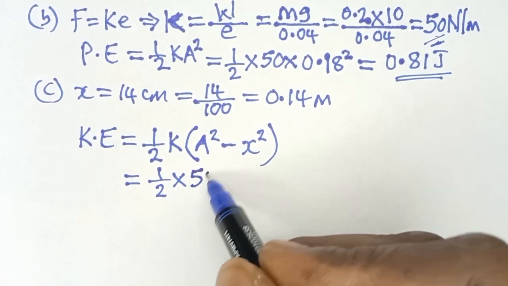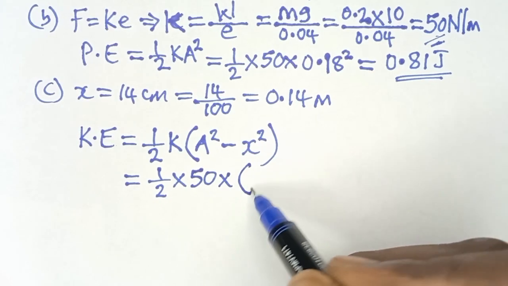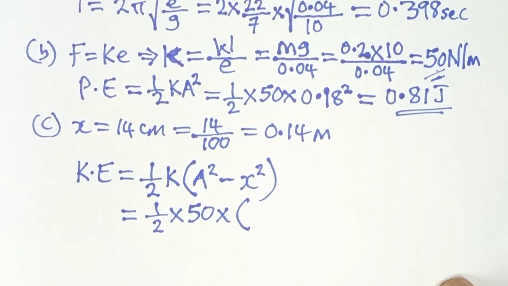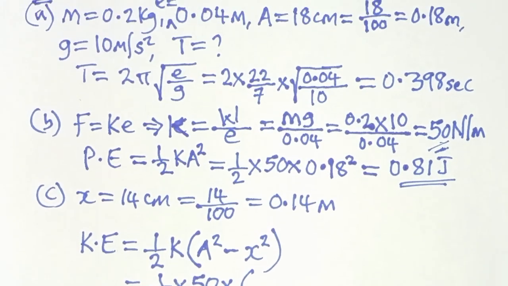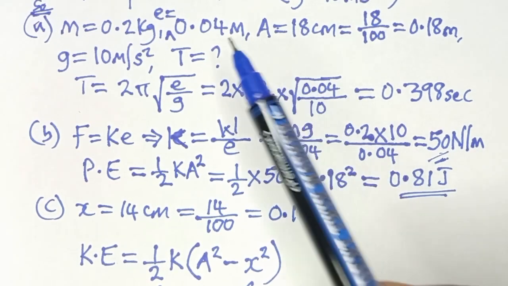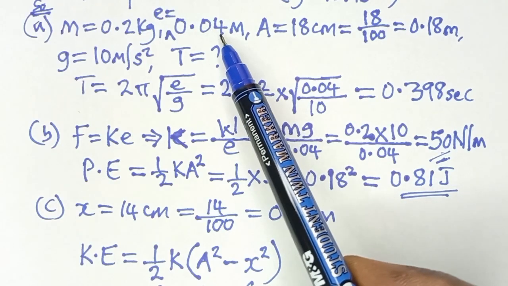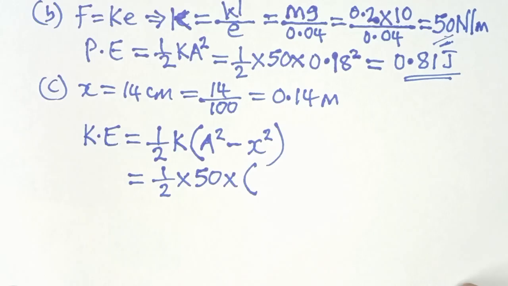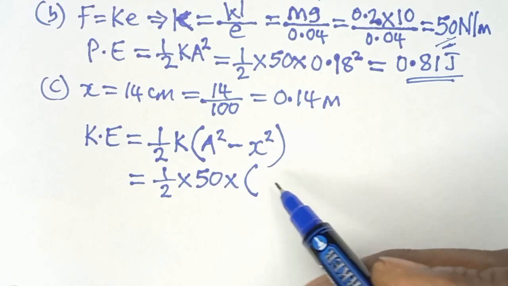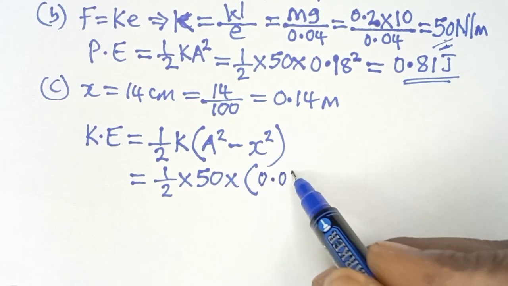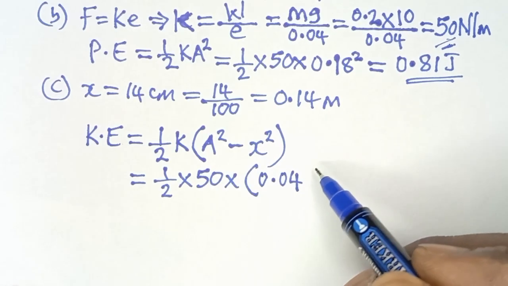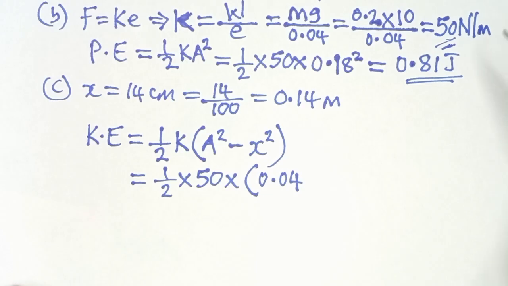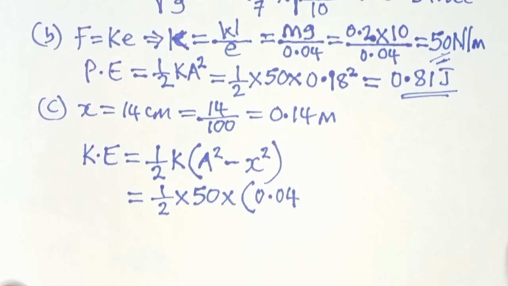So I multiply by 50 and then multiply by, open bracket, A squared. Don't forget, the amplitude is 0.04. Oh, sorry. The amplitude is not 0.04.